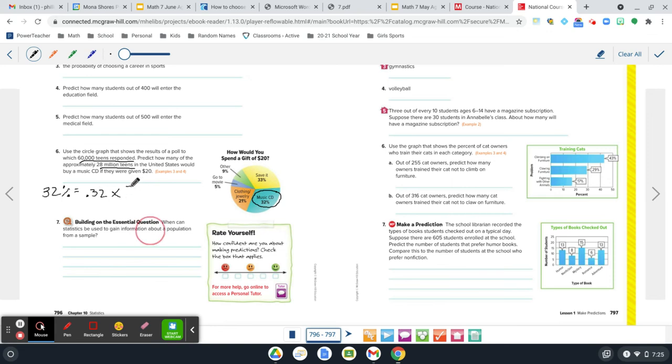And so we're actually going to have to multiply out the full number value for 28 million, right? So 28,000, add 3 more zeros. There we go. There's your 28 million. So we're going to multiply this amount together. So go ahead and use your calculator. Find that amount. 32 hundredths times 28 million.